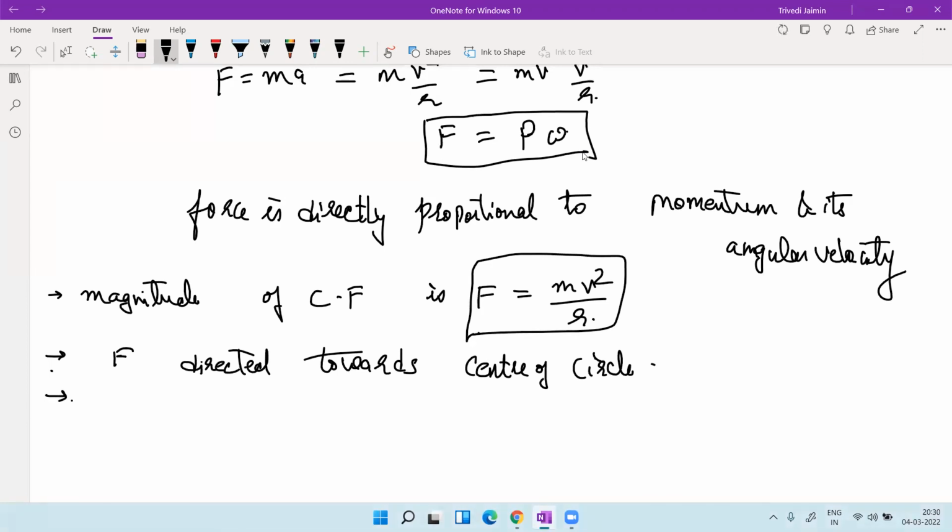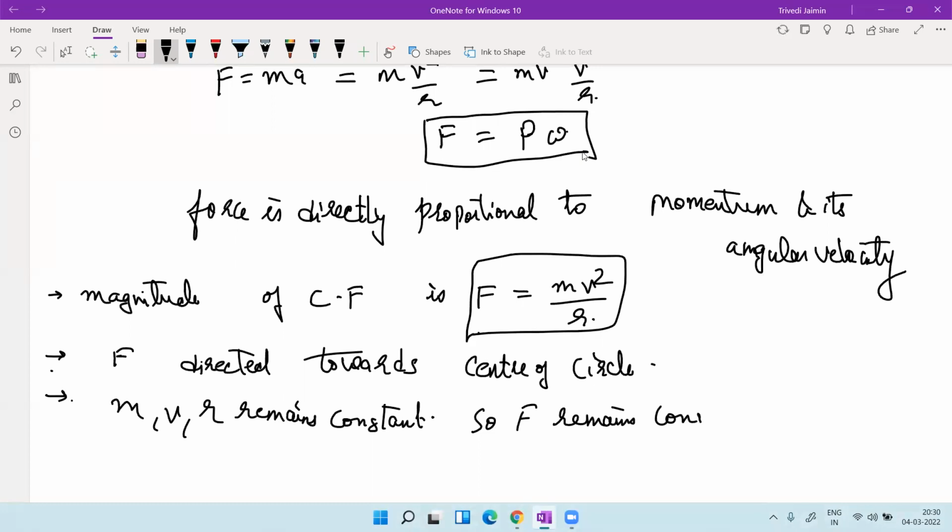Next point to remember, M, V, R remain constant. So F remains constant because MVR is constant. In force, what we have is MVR.